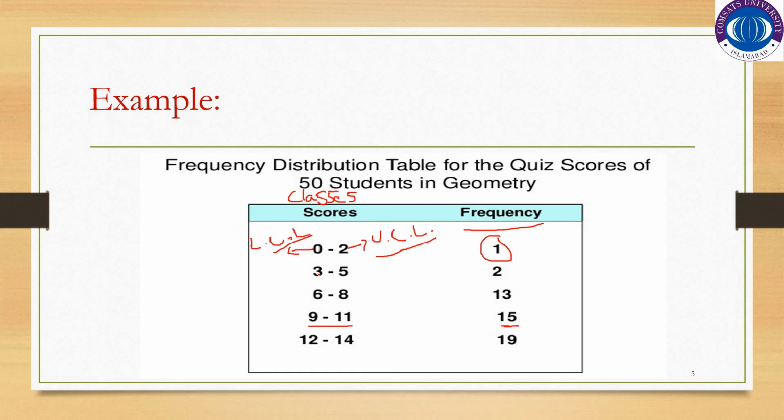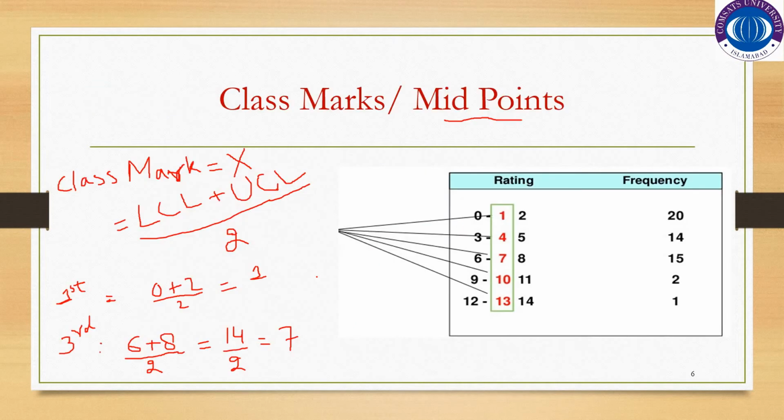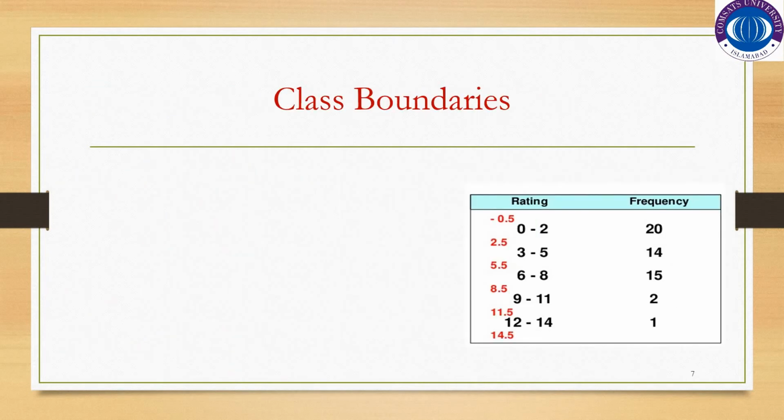If we have two consecutive classes, then there is a gap between the upper limit of the previous class and the lower limit of the next class. So in class boundaries, what do we do? We actually remove this gap.